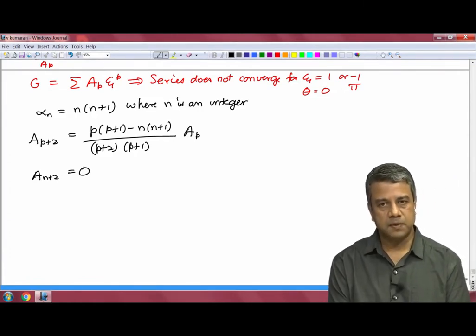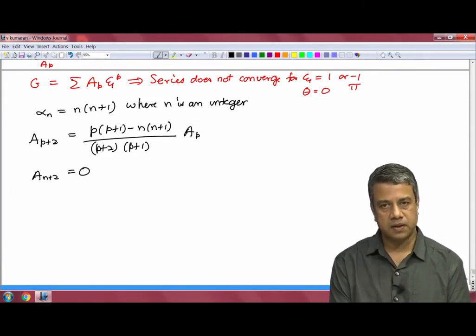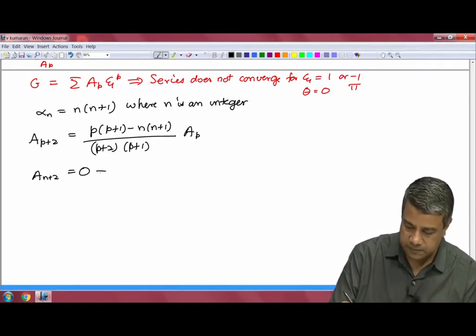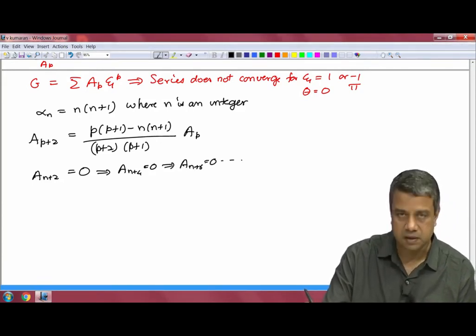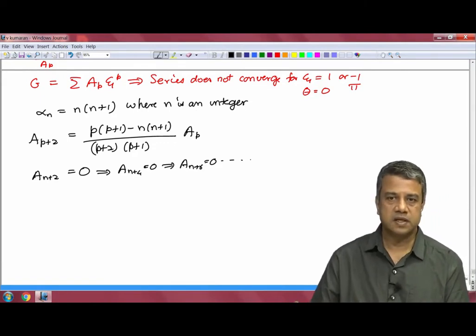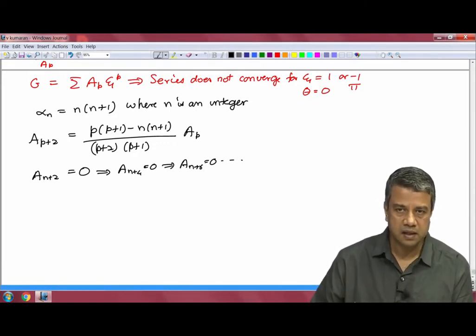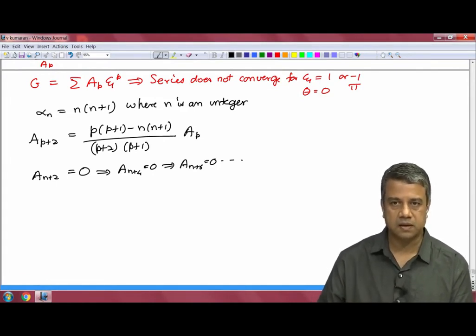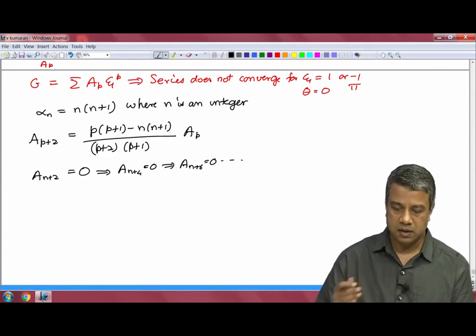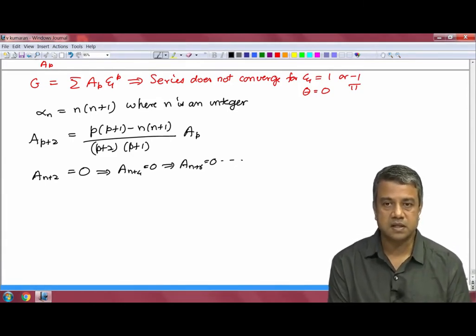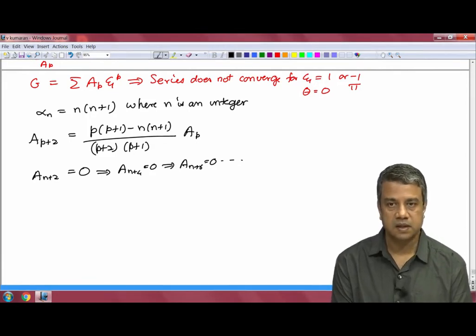And because a n plus 4 is related to a n plus 2, I will get a n plus 4 equal to 0, and then a n plus 6 equal to 0, and so on. So all the coefficients become 0 for a n plus 2 and higher. And since all of these coefficients are 0, the series is convergent, because now it is a sum of a finite number of terms.